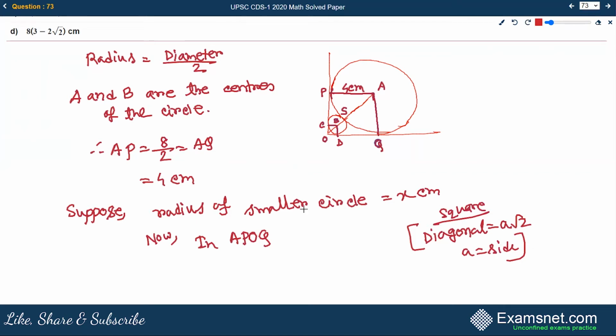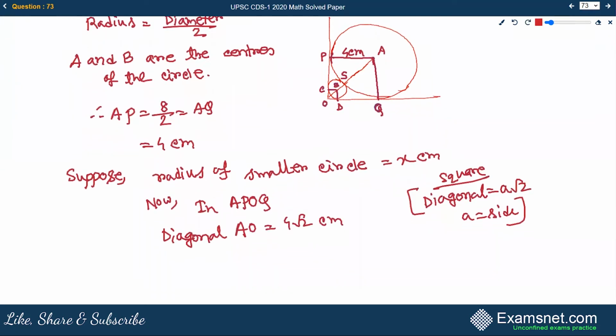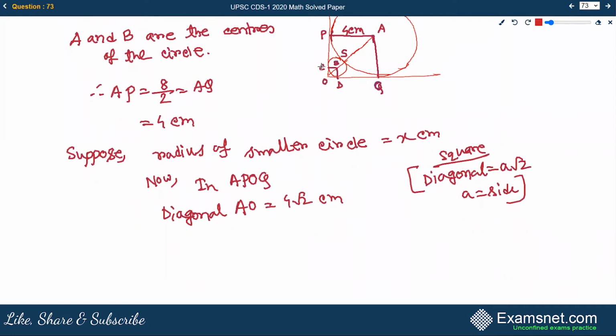Since this is a square, its diagonal is AO, so diagonal AO is 4 root 2 centimeter. Now look at another square, which is BCOD. In BCOD, the diagonal BO, since the side is x, is x root 2 centimeter.